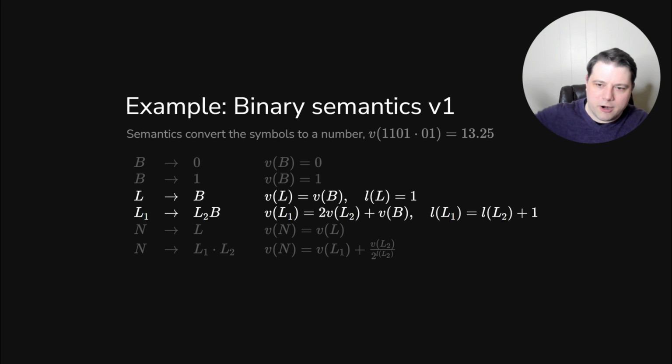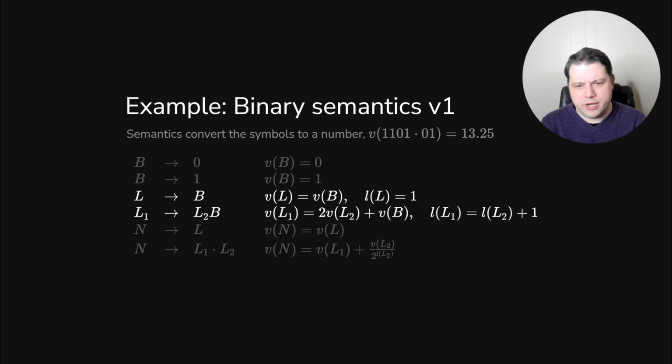So we can assemble arbitrarily many of them. And that is calculating v of L at the top based on v of B and L of L, which is L for length, of 1 on the top rule.